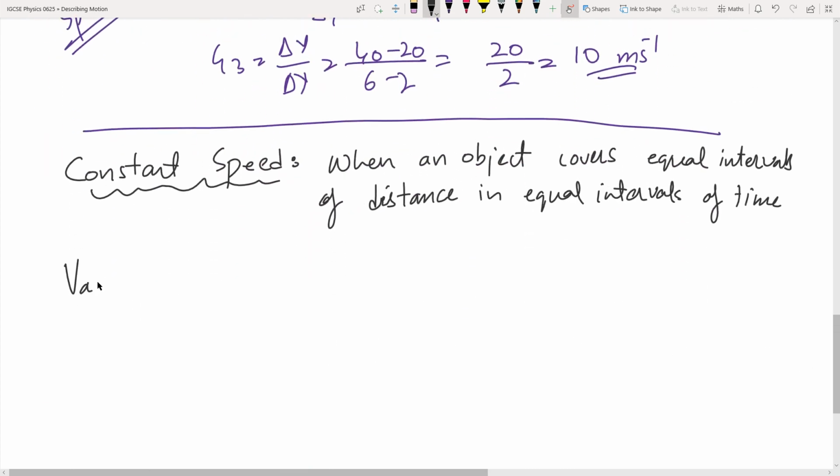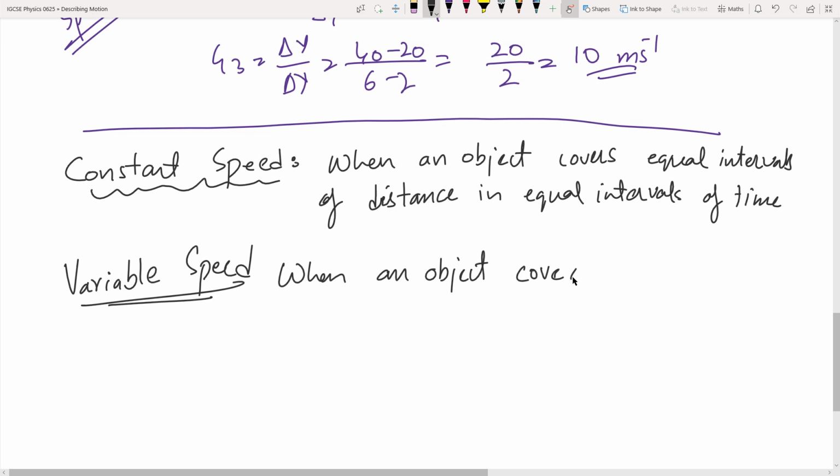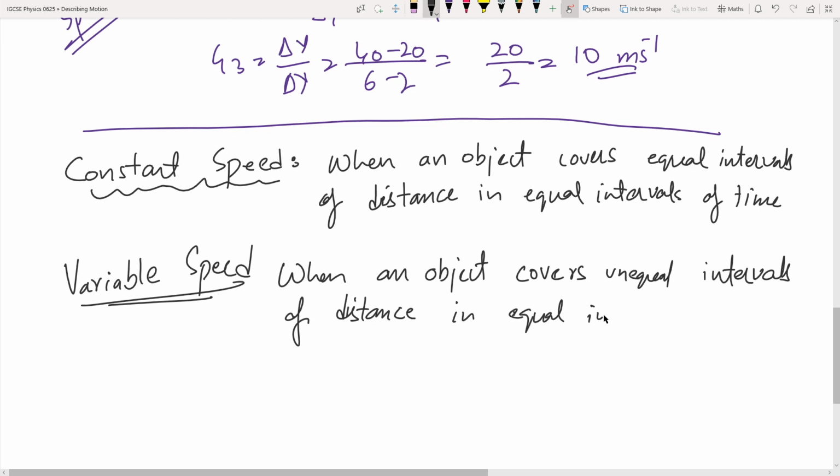And now let's define variable speed. So when an object covers, sorry, not equal, unequal, I should say, unequal intervals of distance in equal intervals of time.